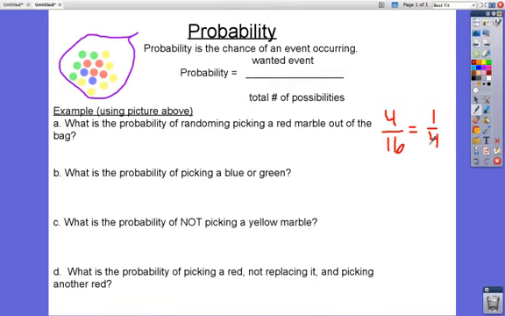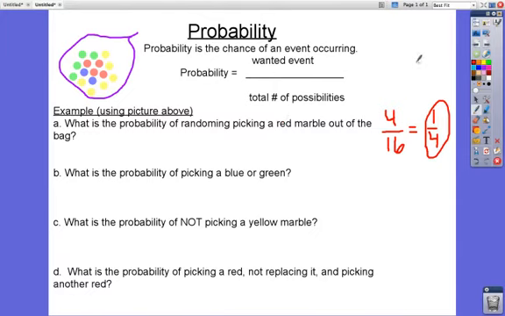You'll find out that it's 25%. So you have a 1 in 4 chance of getting a red marble, also known as a 25% chance of picking a red marble out of this bag. So that is what you would do when you're finding the probability of just one event happening.